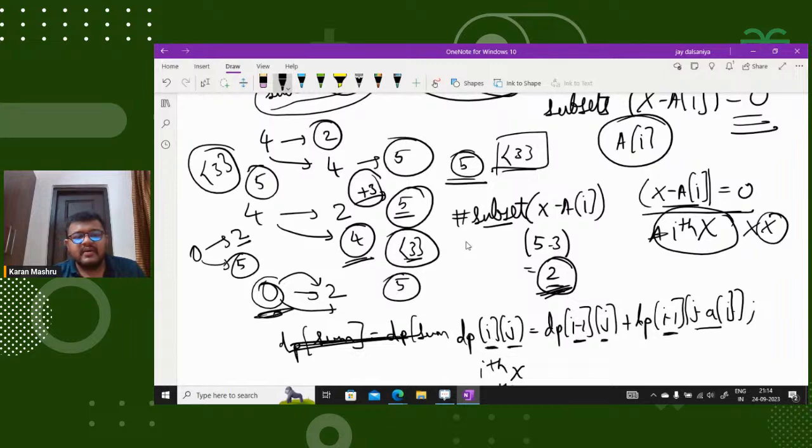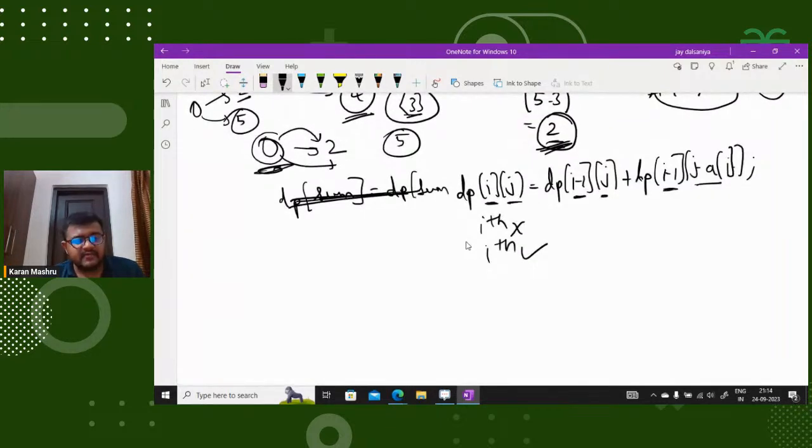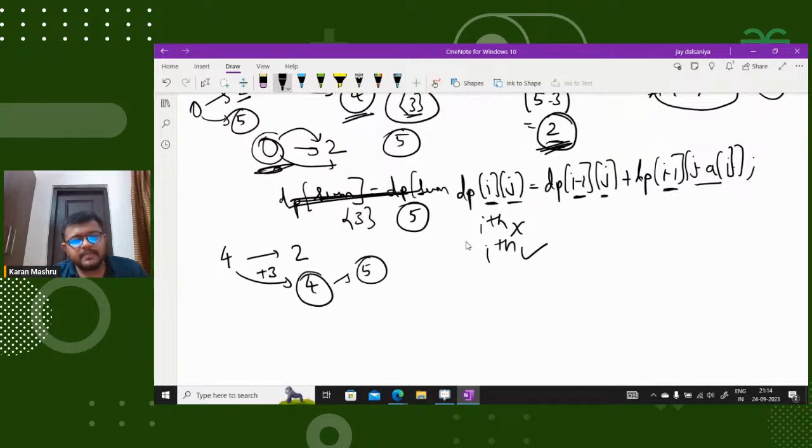Otherwise there are, like in the initial example we said that there are 4 subsets whose sum is equal to 2. Now I want to add 3 and get 5 as the target sum. So if I add 3 in all these 4 subsets, I'll get 4 subsets whose sum will be equal to 5, right?